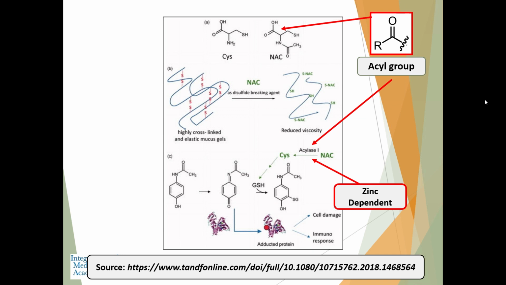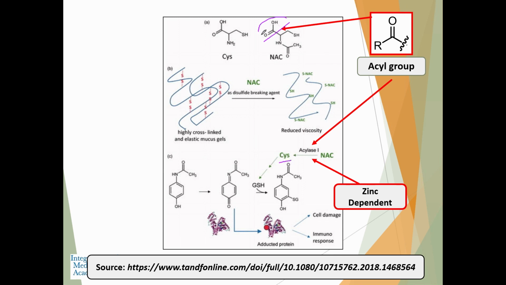In order for N-acetylcysteine to become cysteine, it goes through a process called deacetylation. Basically, the acetyl group gets removed from N-acetylcysteine to become cysteine.